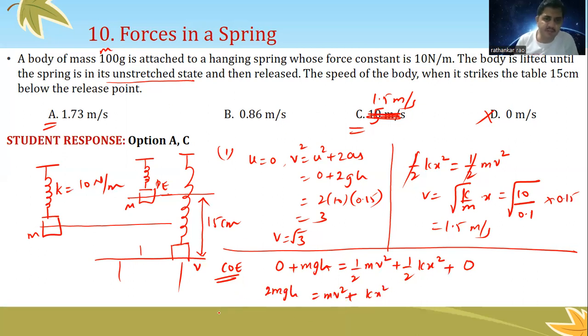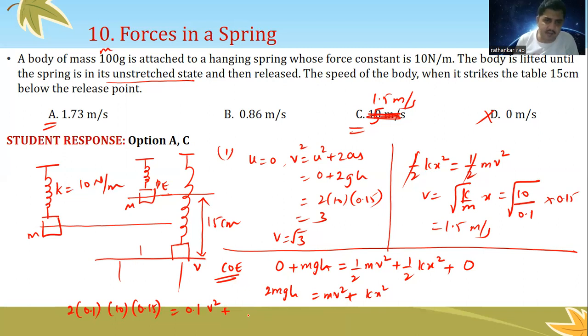Now let us substitute the values. Start from here: 2 into 0.1 into 10 into h. What is h? 0.15. This is equal to, what is m once again? 0.1 into v squared, we need to find out the value of v squared, plus k.